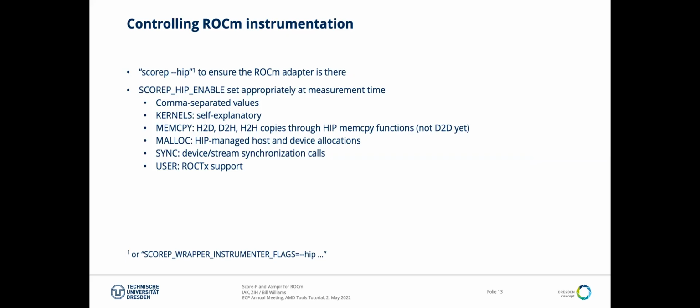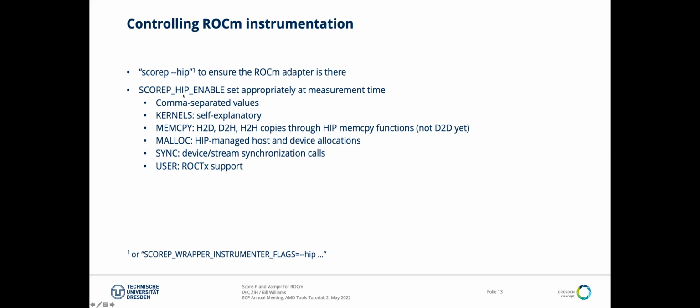Usage. So, as I mentioned, we're going to have some new flags, and we're going to have some new environment variables. The flags that we care about are just scorep --hip, or adding this to SCOREP_WRAPPER_INSTRUMENTER_FLAGS if you're using a compiler wrapper. And that is all you need to get the ROCm adapter in place for your binary.